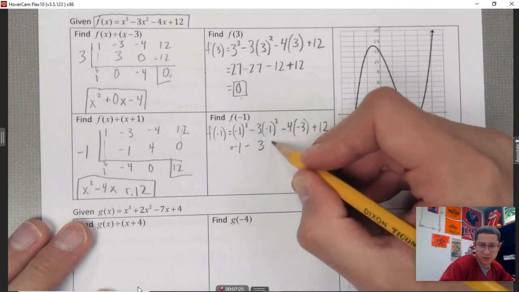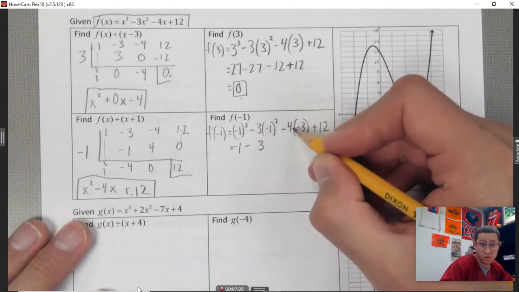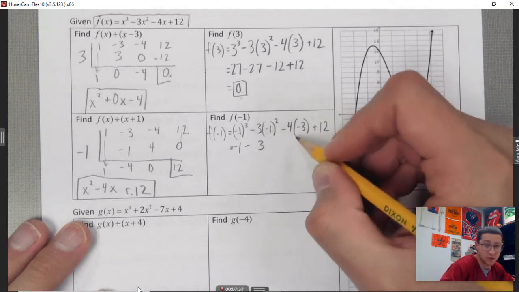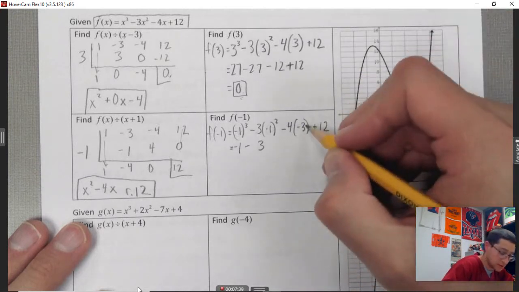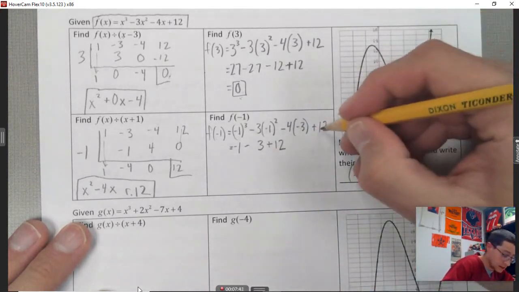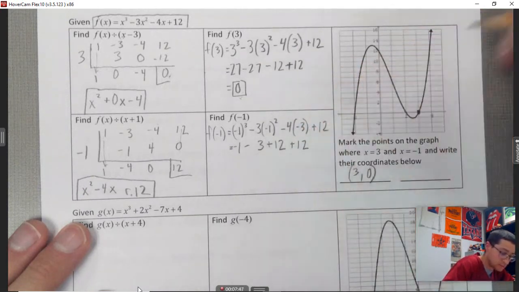Over here, negative 3 times negative 4, right? So minus a negative 12, so that's going to be plus 12, and then a second plus 12.